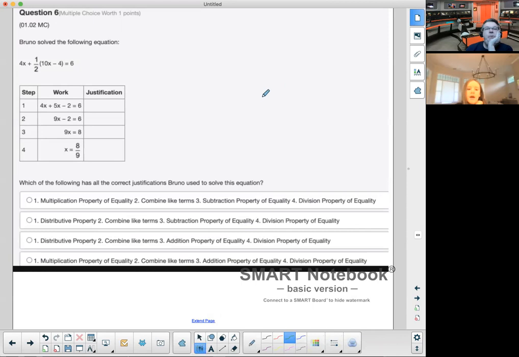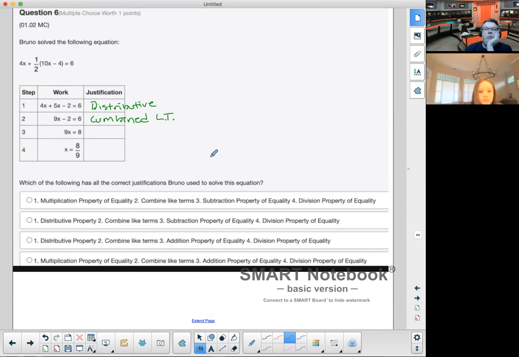They distributed the 1/2 into the parentheses. Excellent. So distributive property. And then they combined like terms, you already said, so that's good. And I'll just abbreviate. And then what?